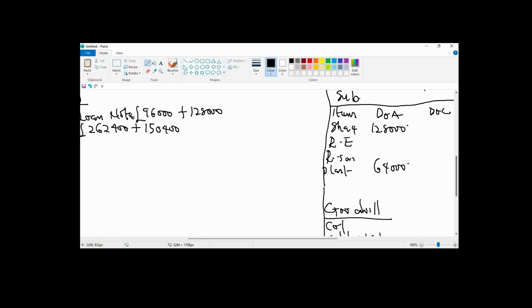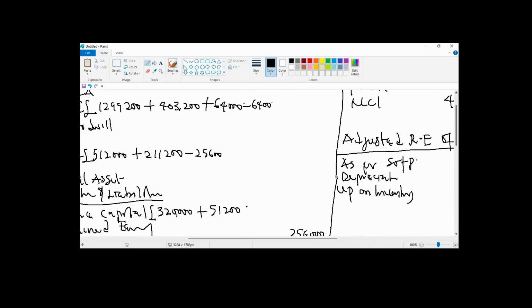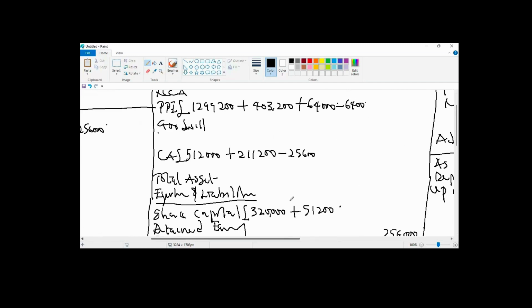Say he wants to collect the trade receivable, minus, there's a cash in transit of 6.4.